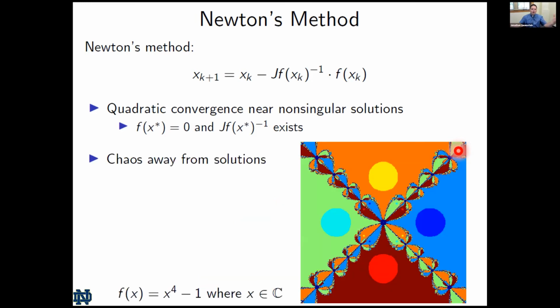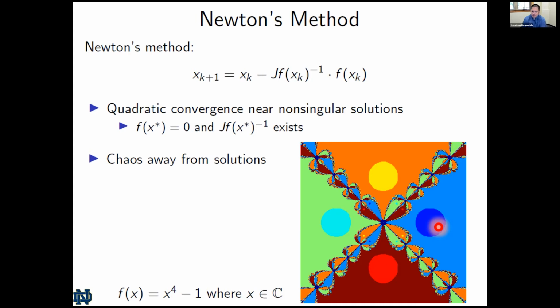But if we're far away from that region, we get chaos. Here's an example of x to the 4th minus 1 over the complex numbers. Of course the roots are the 4 roots of unity: 1, i, minus 1, minus i, and nearby they're all non-singular. So you have beautiful quadratic convergence.